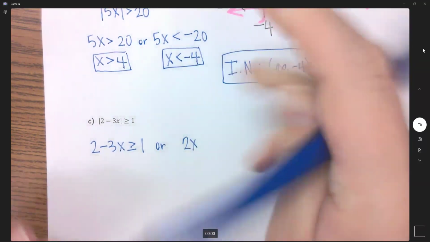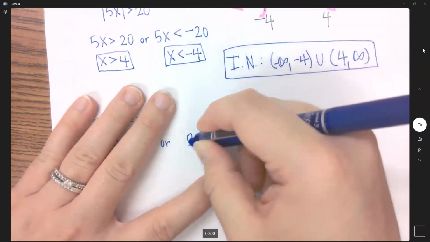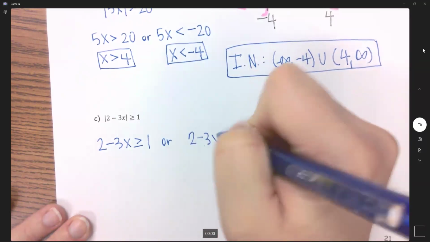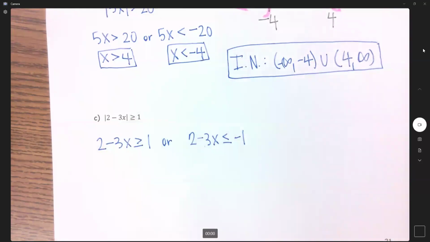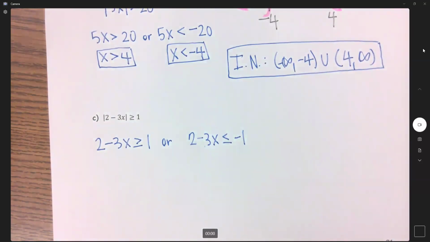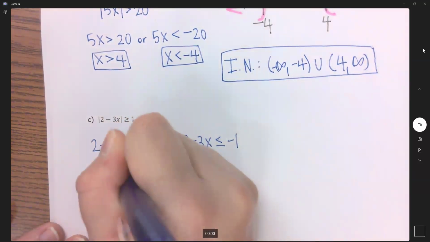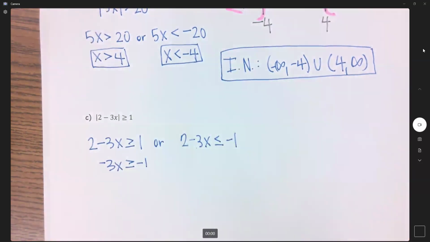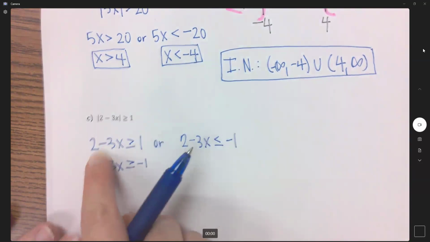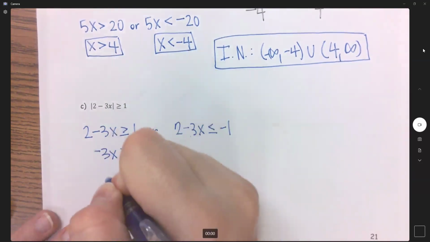And then we'll have 2 minus 3x, flip the symbol, is less than or equal to -1. So if I solve this one, I'm going to subtract my 2 over to get -3x is greater than or equal to -1. I'm doing 1 minus 2, and then divide by that -3. 1 over 3 does not reduce, but negative over negative becomes positive.